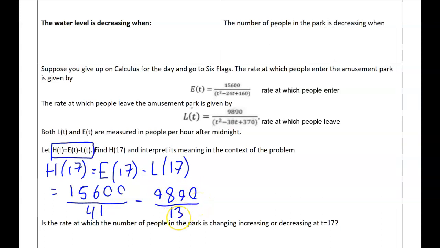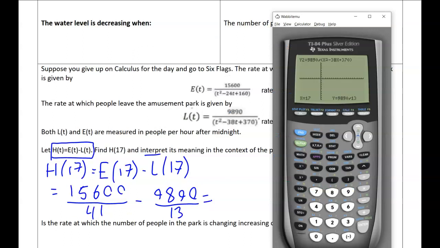And because I need to do some interpretation, this word interpret, I'm going to want to make this just a number, right? So we're going to reduce that a little bit, simplify it. They kind of came out ugly, but that's okay. I'm just going to use my calculator to do that. So what I did is I typed in my value, and then I turned that fraction I got into a decimal.